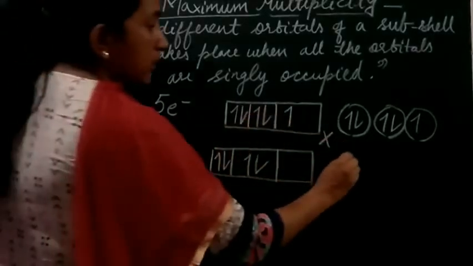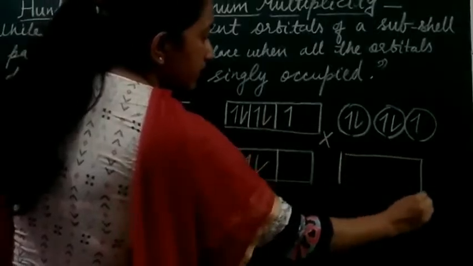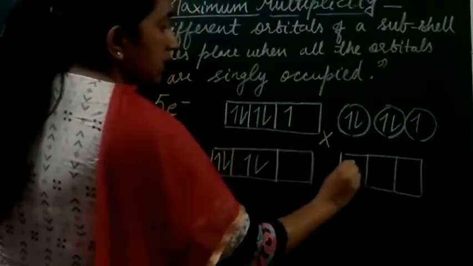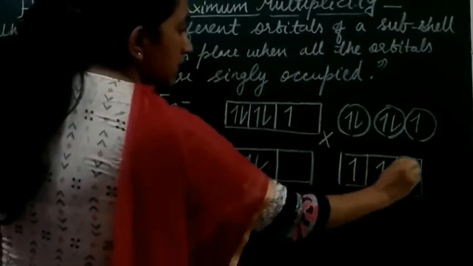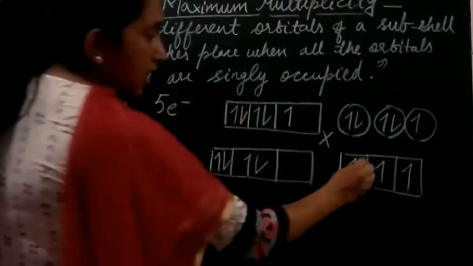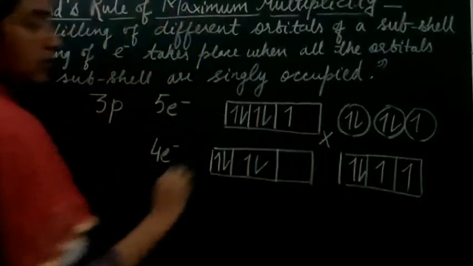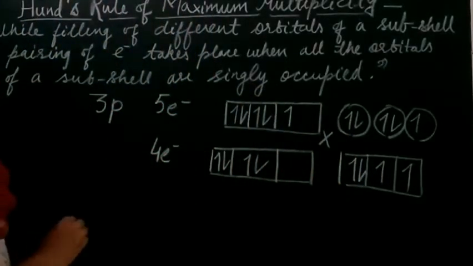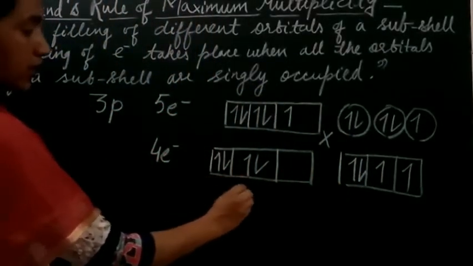Or we can represent it in this way. First, getting each orbital singly filled, and then the pairing will begin. Right. So what is the configuration here of 3p?